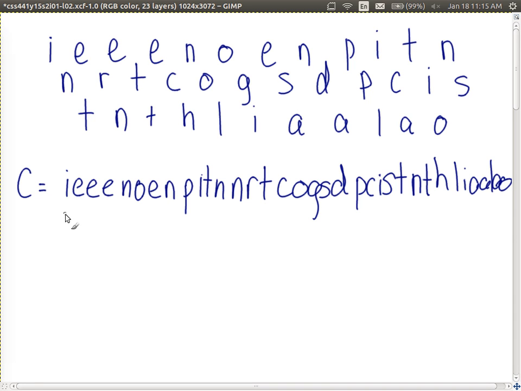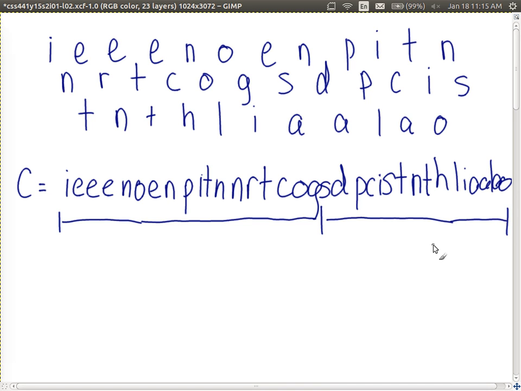If we assume the depth was 2, we'd split it into 2 parts, which would be about here. That is, there'll be the first part. A depth of 2 means 2 rows. And the second part.